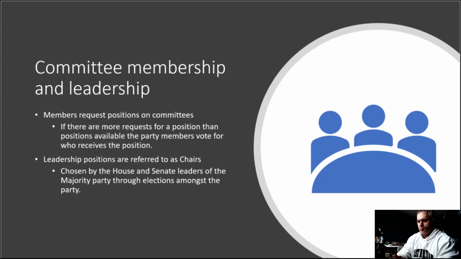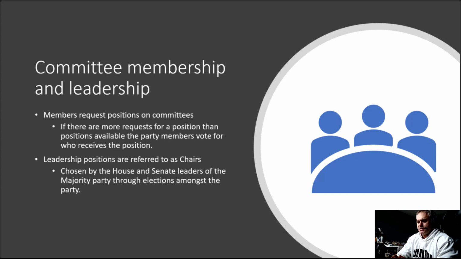Now, if there are more requests for a position than there are available seats, then what happens is you have a special caucus amongst your party members to see who's going to get that. So basically it's an election amongst the members of your party to see who's going to fill those positions. Now, leadership positions are referred to as chairs, and those are chosen by the House and Senate leaders of the majority party.